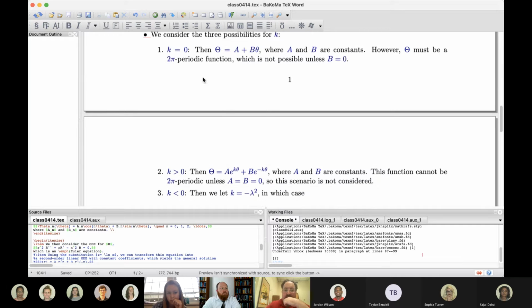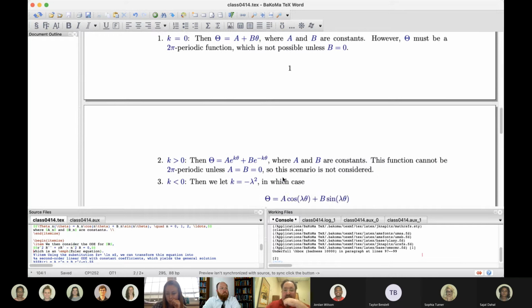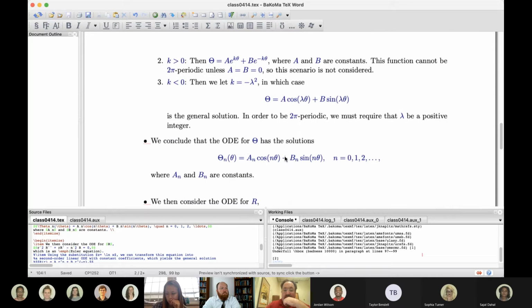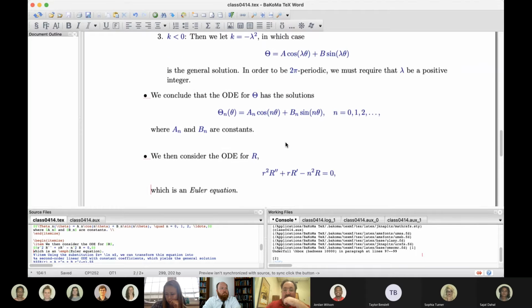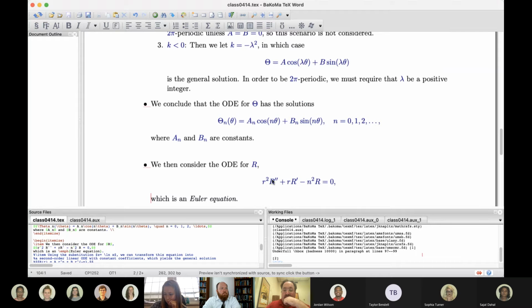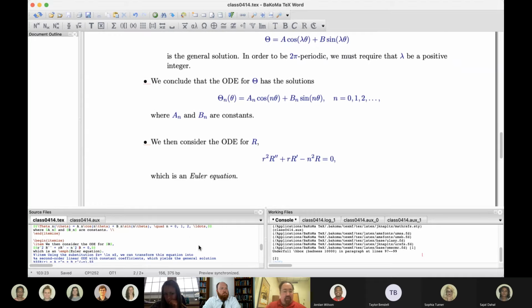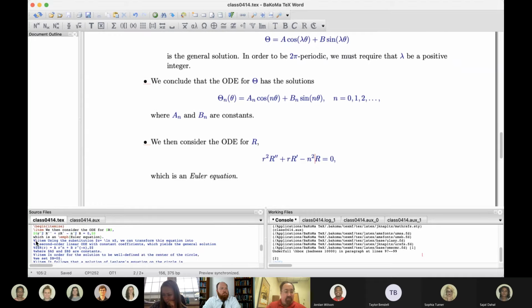Positive is ruled out, but it can be 0 or it can be negative. With k equal to minus lambda squared, lambda has to be an integer. So that's how we get that n squared in here. And that's called an Euler equation, something that may or may not be covered in a first course on ODEs.